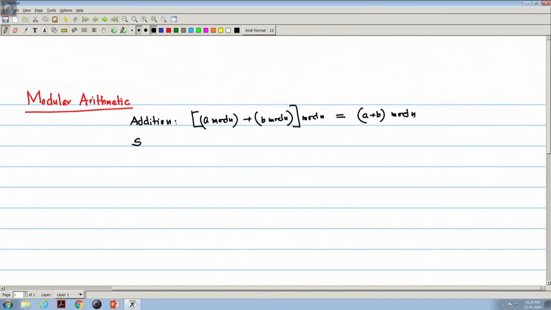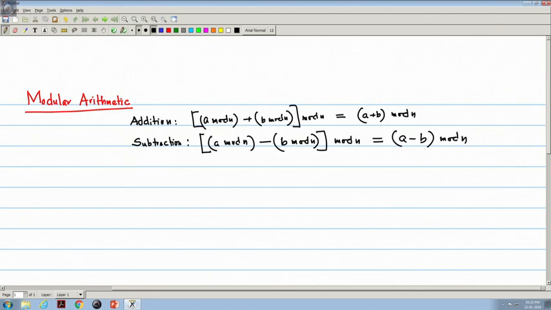Similarly, for the subtraction, the same, only instead of plus we take minus: a modulo n minus b modulo n, modulo n, is a minus b modulo n.